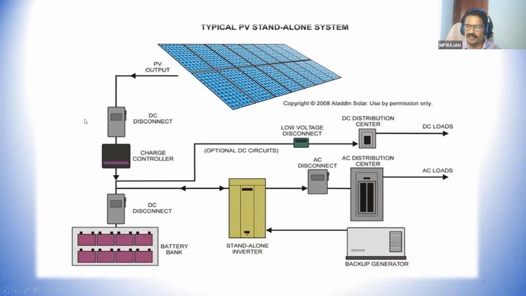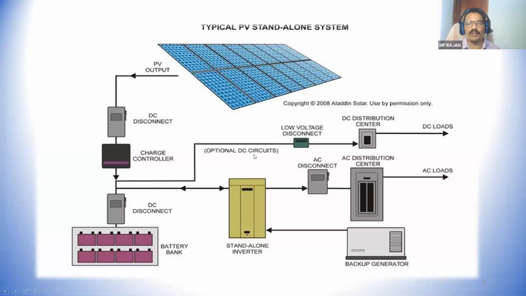आप स्क्रीन में देख सकते हैं. You can see a lot of other components are also involved in the solar PV system. So this is a picture of a standalone PV system. You can see the solar panel, battery and inverter. But as a system, we have a lot of other components like DC disconnect, charge controller.